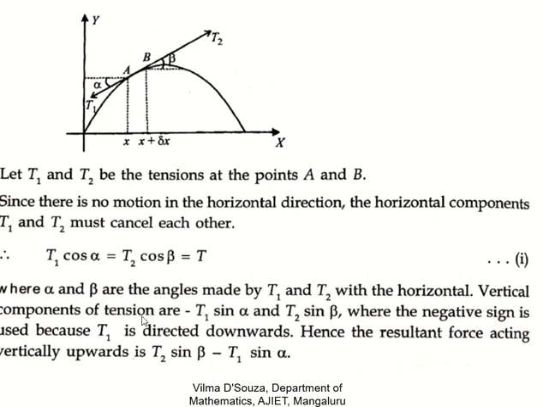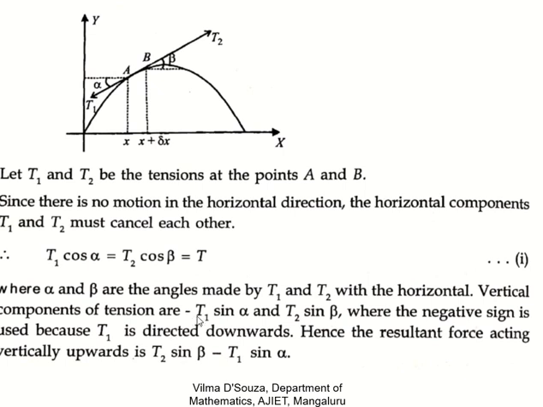Now you can observe here the vertical components of tension are minus T1 sin alpha and T2 sin beta. Why minus T1 sin alpha? You can observe T1 is directed downwards, so it is negative.